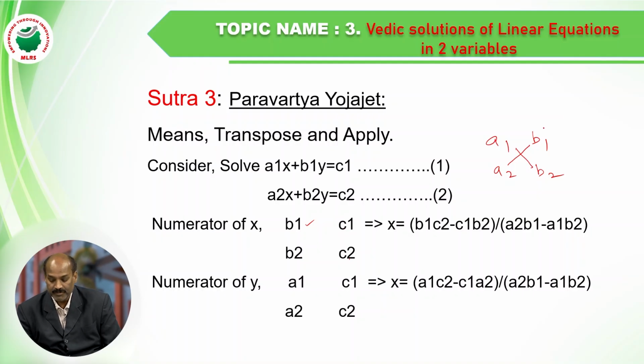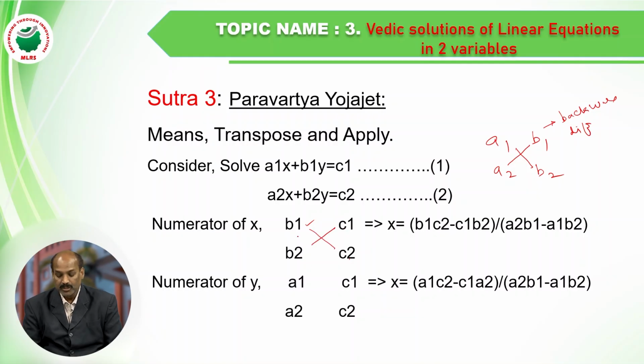This type of product difference is called the backward difference, whereas the numerator b1 c2 minus b2 c1 is defined as the forward difference. So the numerator always takes the forward difference and the denominator the backward difference, and the denominator is the same in both unknown values.